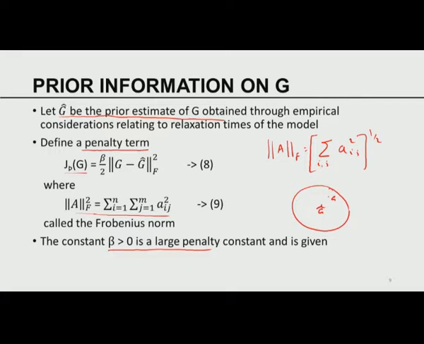So if beta is large, the only way to minimize it is to force G towards G hat, so that G minus G hat will be much smaller. That is the idea of the penalty term. So we have two terms now. One, I do not want my new estimate to be too far away from the old estimate that they have used based on heuristic consideration.